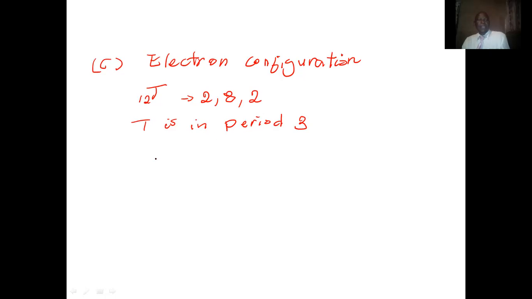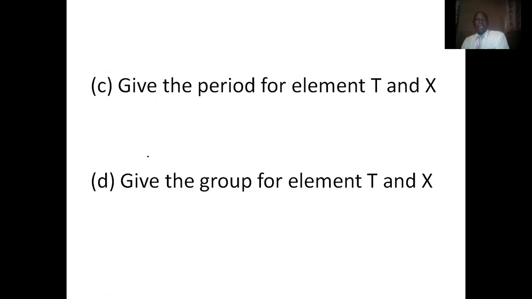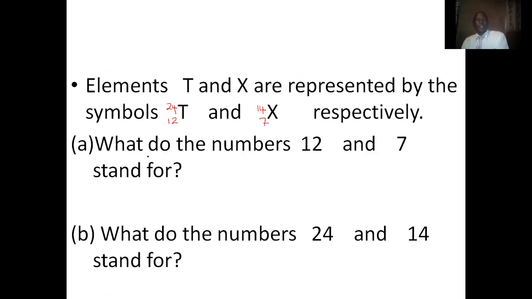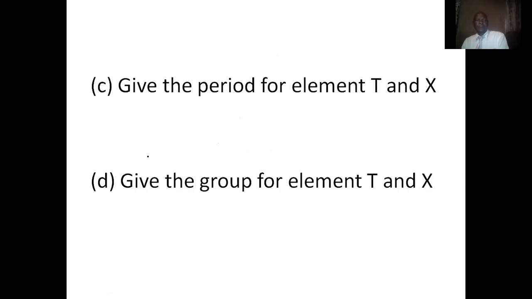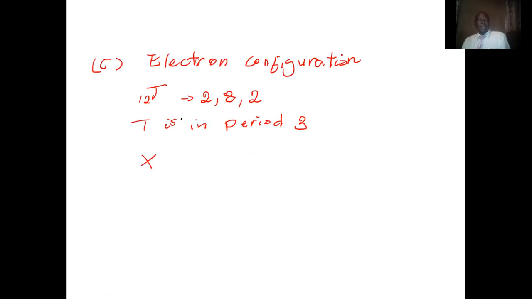For X, with the atomic number 7, the electron configuration would be 2, 5. So in the first shell, we are going to have 2 electrons, and in the second shell, 5 electrons, making them 7.